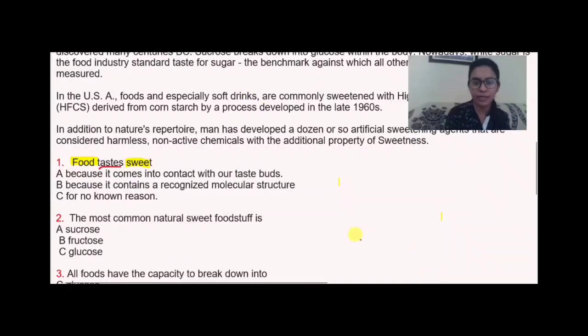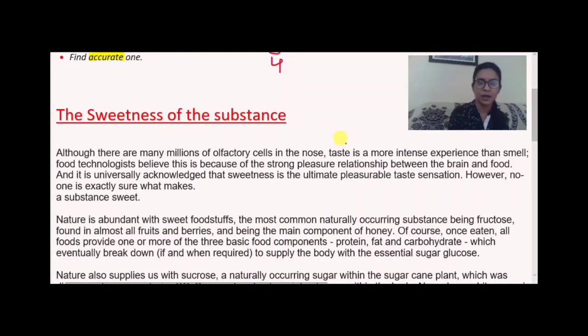Now read the paragraph. Although there are many millions of olfactory cells, the nose gives a less intensive experience than taste. Food technologists believe this is because of the strong pleasure relationship between brain and food. It is universally acknowledged that sweetness is the ultimate pleasure taste sensation.